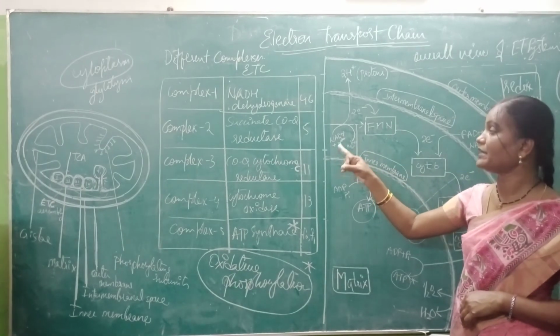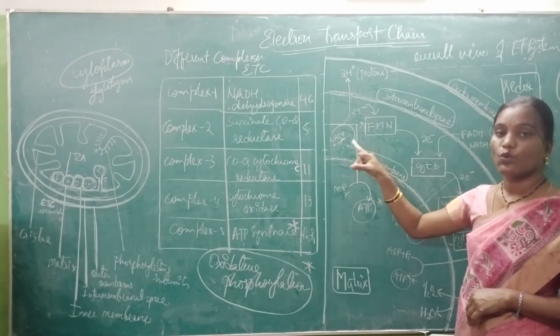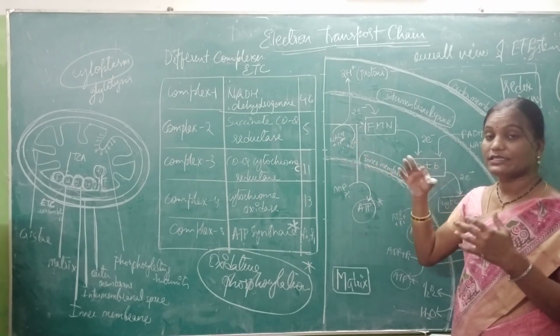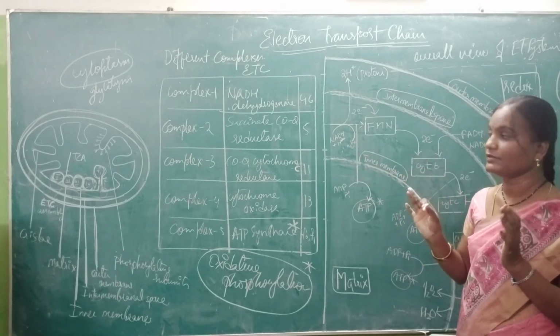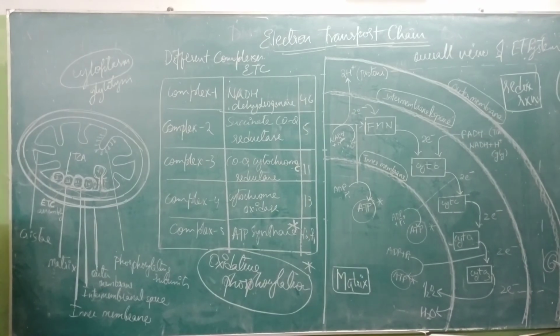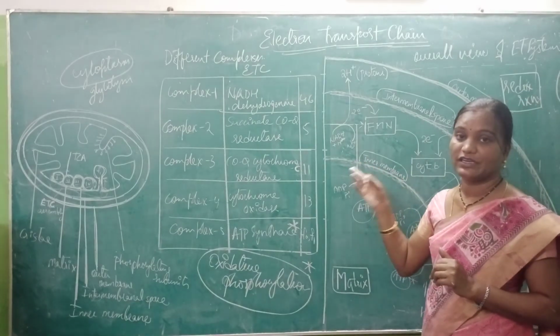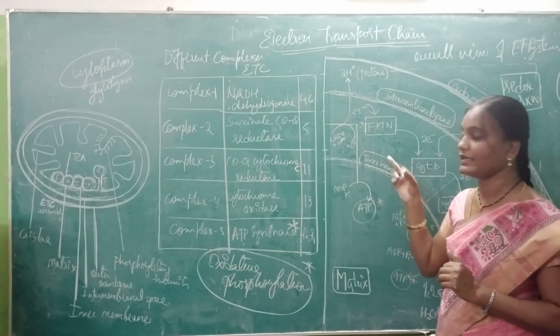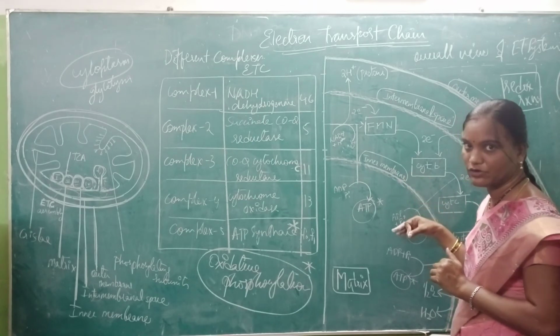Once again I am repeating, NADH is initially in a reduced form, isn't it? When it is released during glycolysis, during production of acetyl-CoA, during the TCA cycle, all the NADH and H plus ions that are released are in reduced form. So a single NADH molecule will come in contact with your electron transport chain.